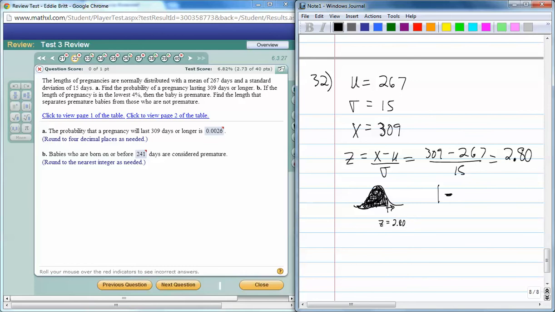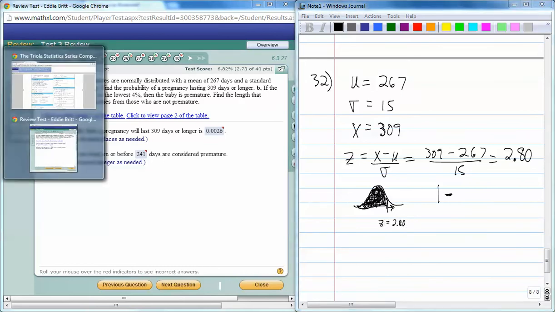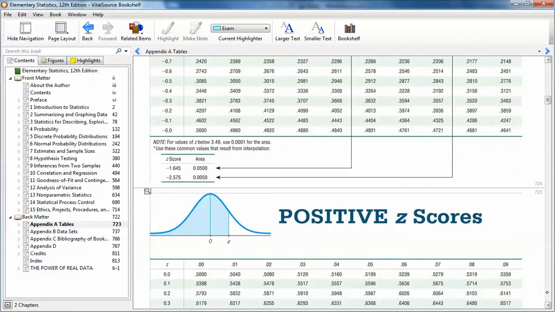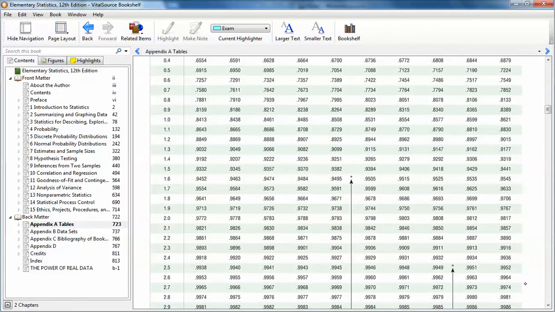So I go back to my chart. It's here somewhere. All right, so 2.80, 0.9974. Okay? So that is the area up to that point, up to that z-score.